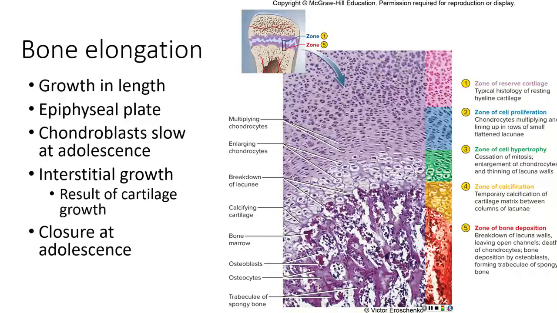And as those sex hormone levels start to taper off, that is what then triggers the closure of the epiphyseal plate. But it doesn't completely close. We are left with a scar in that area called the epiphyseal line. So the epiphyseal line is the scar where the epiphyseal plate used to be.